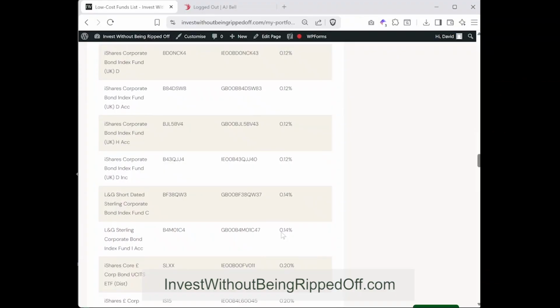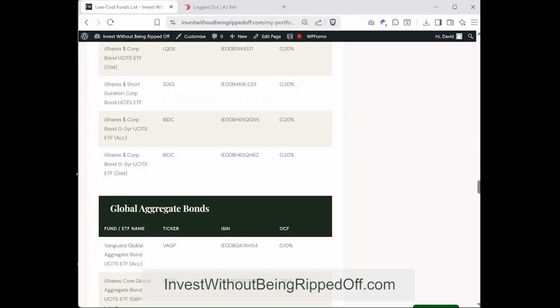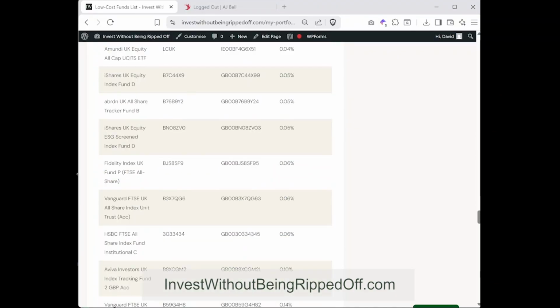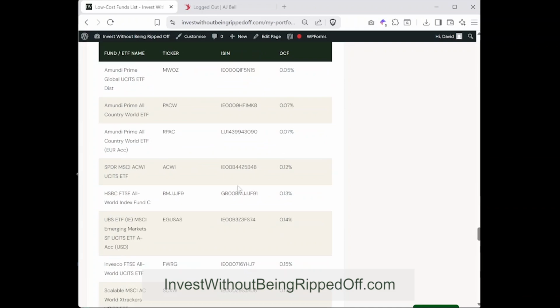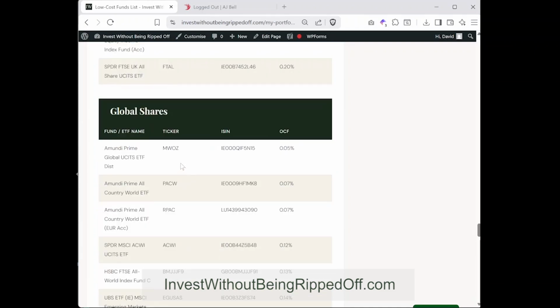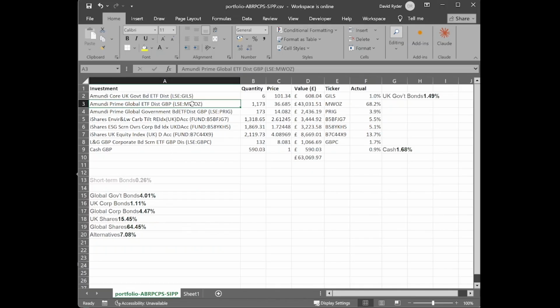I call it global shares just to keep it simple and make it obvious. UK shares, global shares, MWAS, there it is. That's the ticker and it's under global shares. So we know that it's global shares. And we go back to the Excel file. MWAS, global shares, and global shares is that one. So we go up there and we repeat that process with the others.